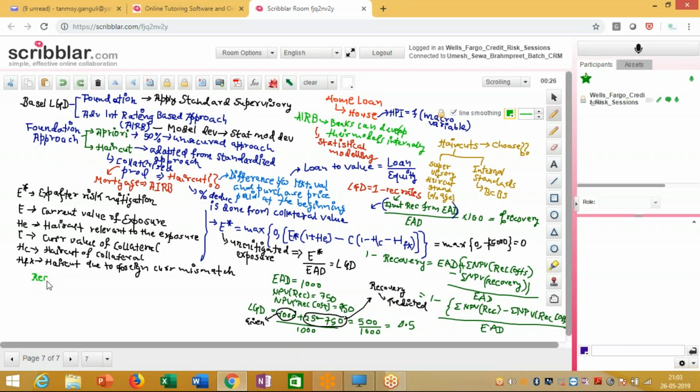We have talked about two forms of recovery. One is your complete workout and the other is your incomplete workout, based on whether your recovery is completed or incomplete. Now this is based on the source of the recovery.